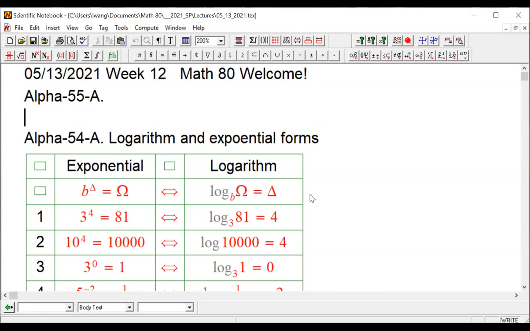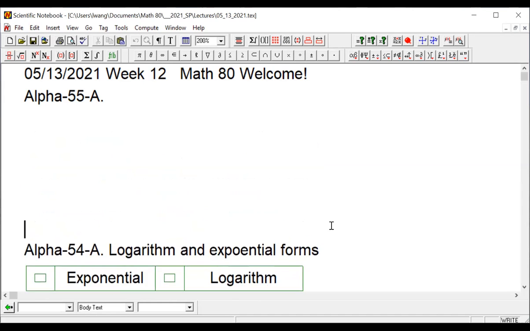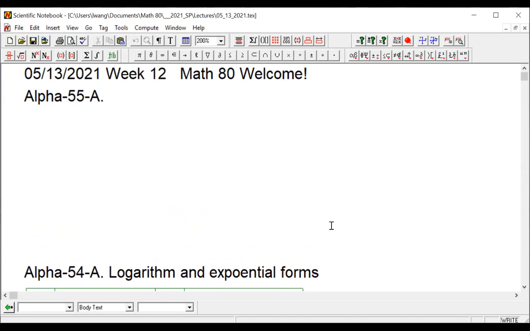This time we are going to see logarithm alone, so you have to make the connections in your head. Okay, so start with the first one. Are you guys with me?